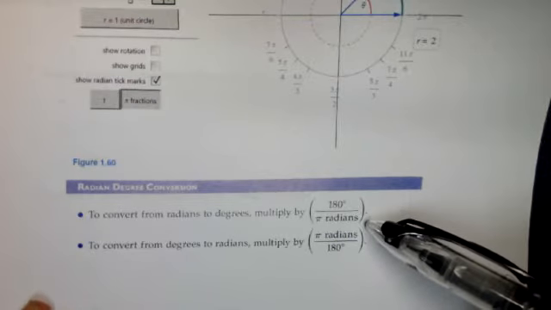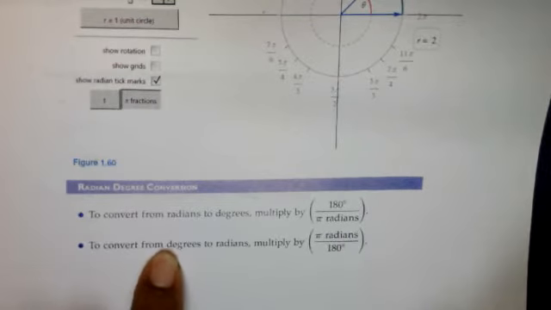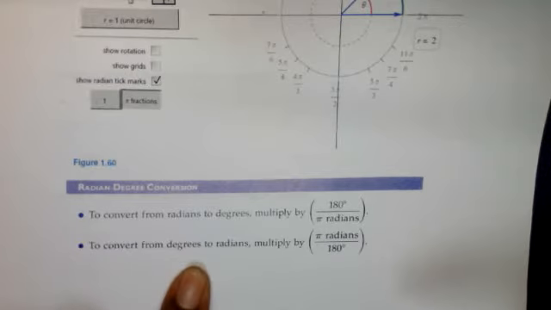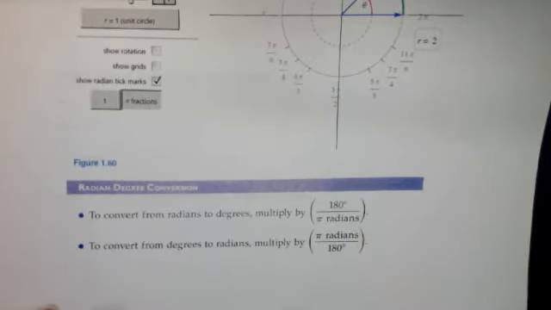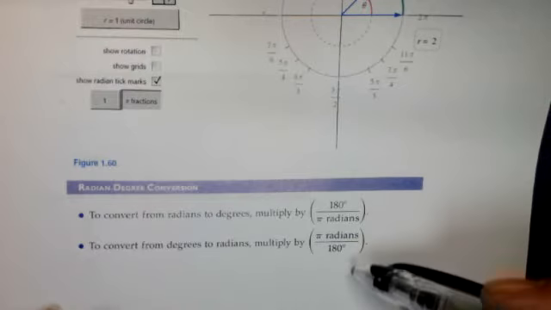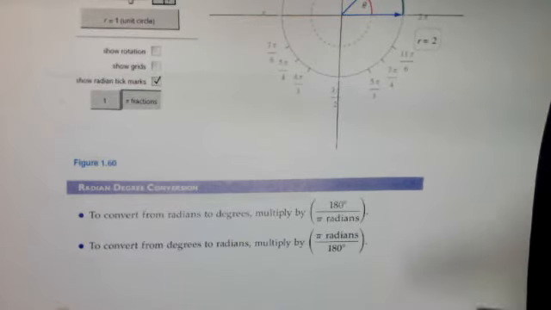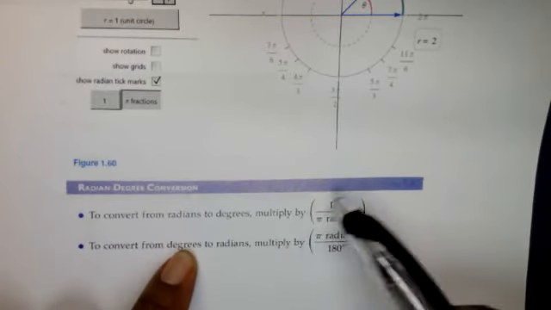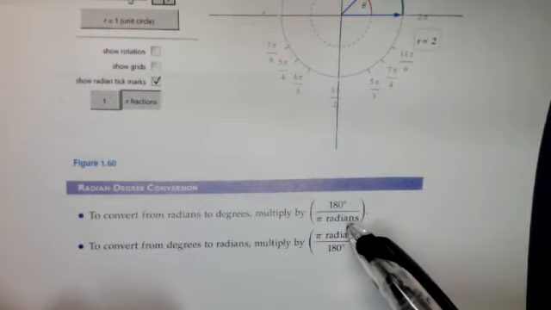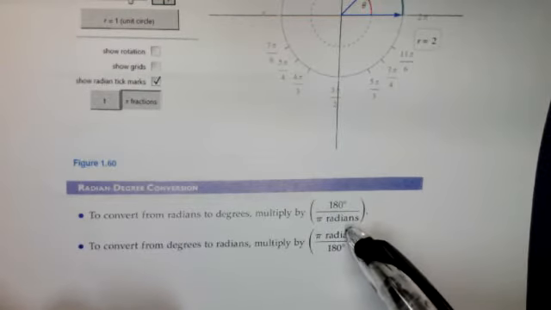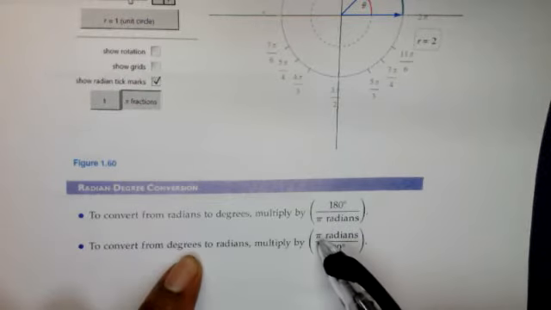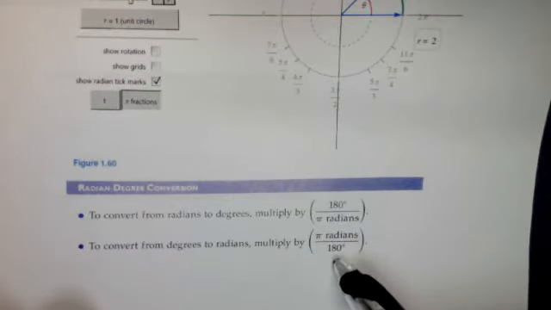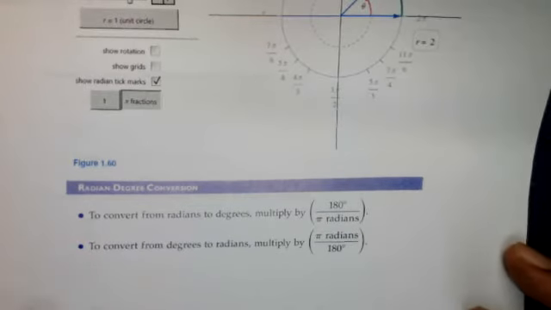To convert from degrees to radians, you're going to multiply by pi radians over 180. Notice that both of these are just reciprocals of each other. So from radians to degrees, we use 180 over pi radians, and from degrees to radians, we do pi radians over 180.